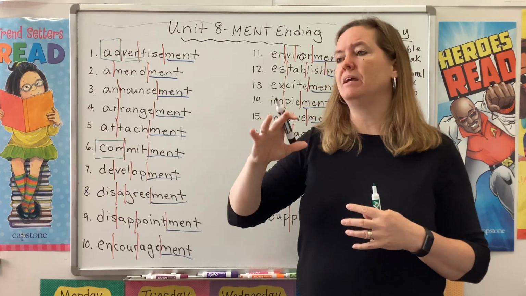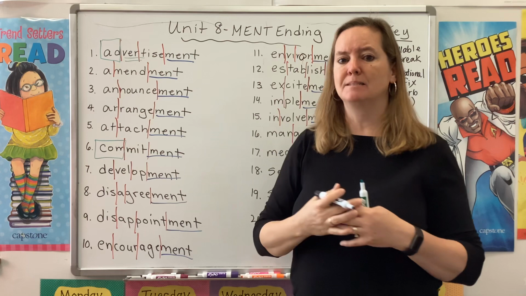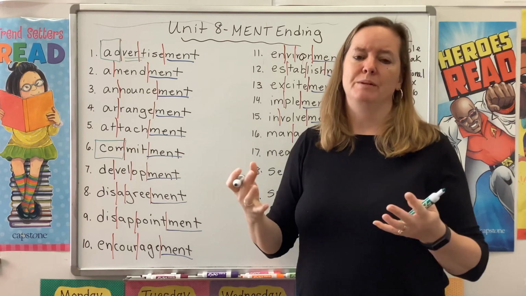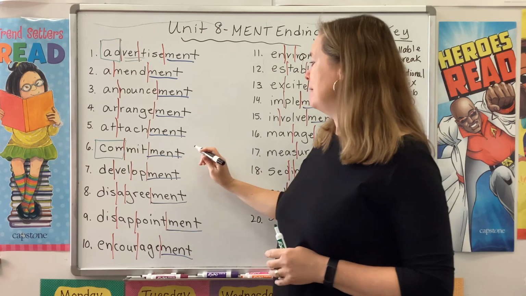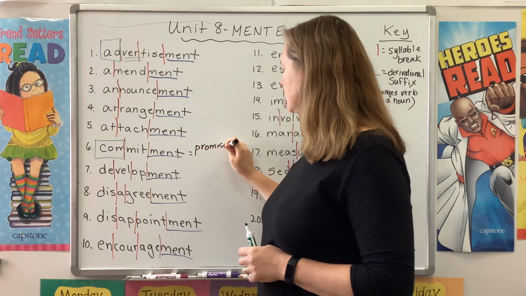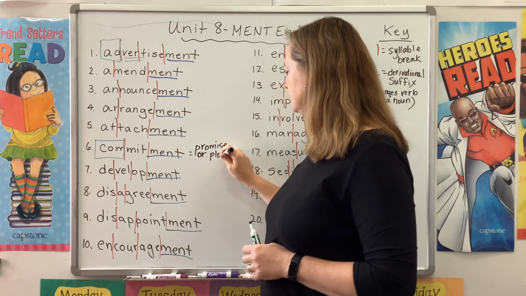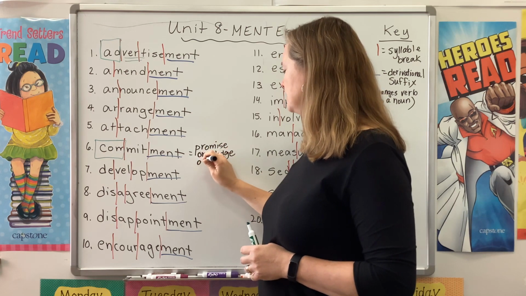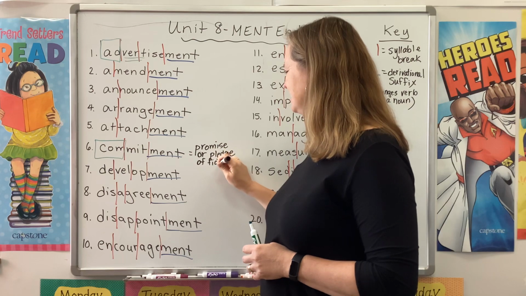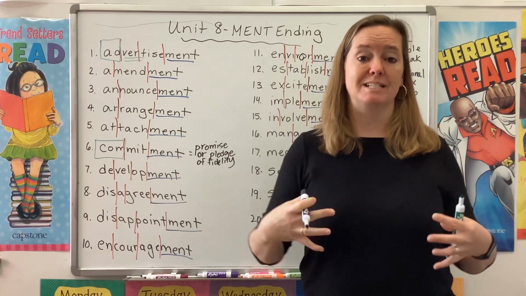They say, yep, we will provide services to you. We are committing this many resources to you. So a commitment is like a promise or a pledge. A promise or a pledge of fidelity, I guess. You're going to be faithful to someone. But com means with or together, right?